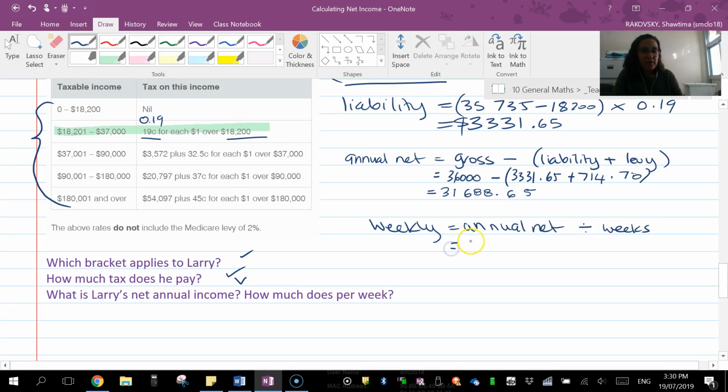So the annual net income of $31,688.65 divided by 52 weeks in the year gives us a figure of $609.40 per week. So there's some rounding there. I haven't just given you the raw numbers off my calculator. So that is the net income for Larry.